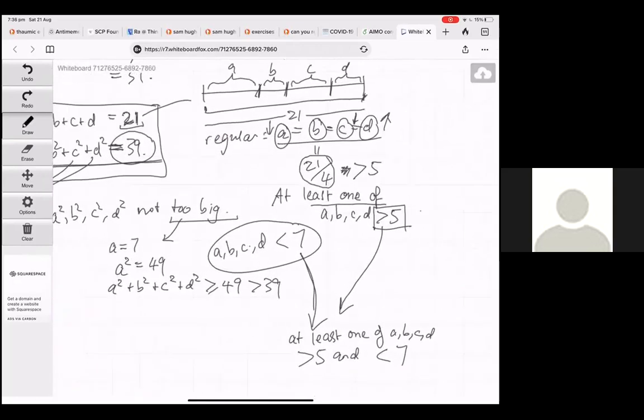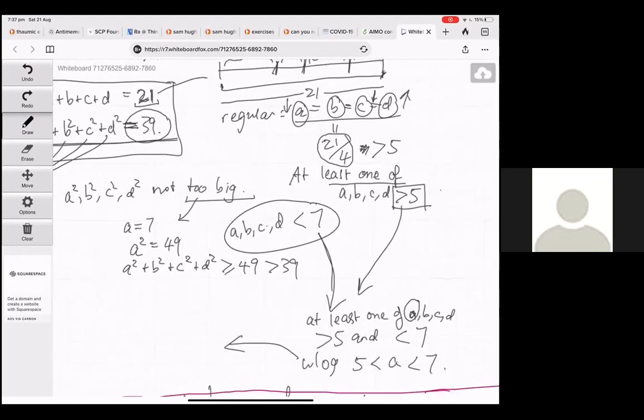So at least one of them has to be bigger than 5 and less than 7. So let's just pretend that the one that I'm talking about is A. Doesn't matter which one I choose. We'll log A: 5 less than A less than 7.